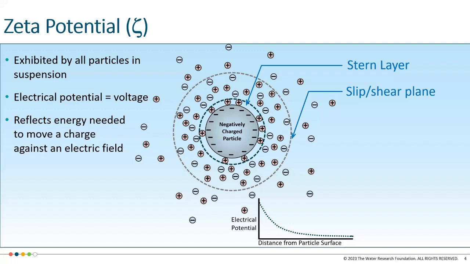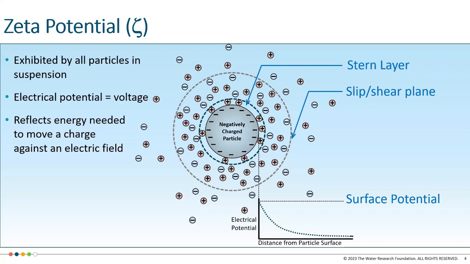So the electrical potential within the electric double layer has a maximum value on the particle surface and is very aptly referred to, and not very creatively, as surface potential, so nice and clear. And as I mentioned, the potential drops as we move away from the surface of the particle and ultimately reaches zero at the boundary of the electric double layer.